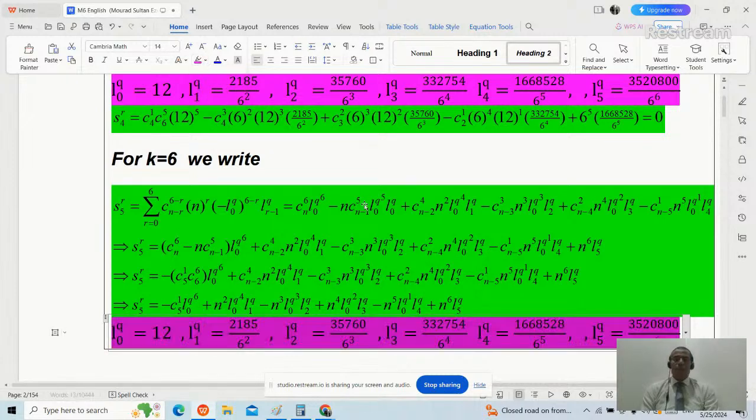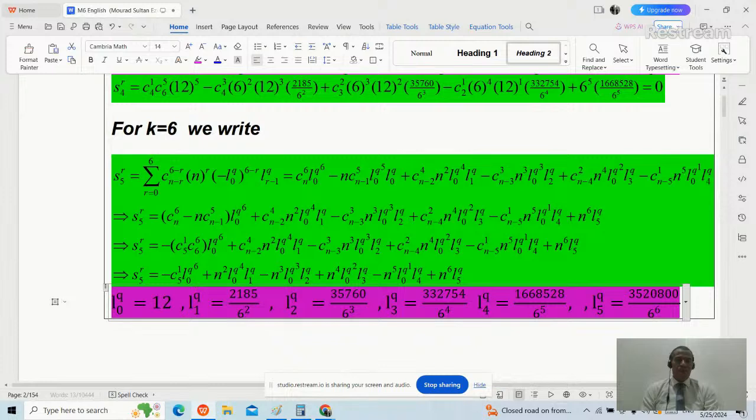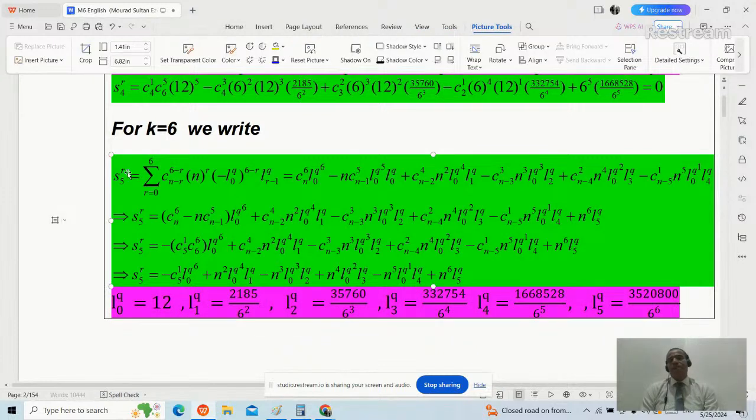Now learners, we said that we should distribute k in the discriminant formula of Mr. Mourad. We can find that S5 is the sum from 0 to 6 of combination n minus r, 6 minus r, n raised to the power r times minus L0 for the q, 6 minus r times L_r minus 1 for the q. After calculation, it will be combination n choose 6, L0 for the q raised to the power 6, minus n combination n minus 1, 5 choose 5, L0 for the q to the power 5 times L_0 for the q.